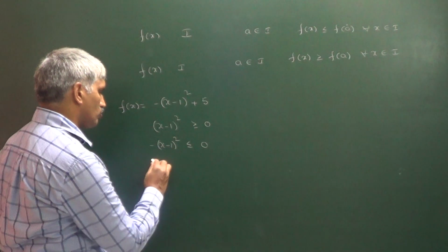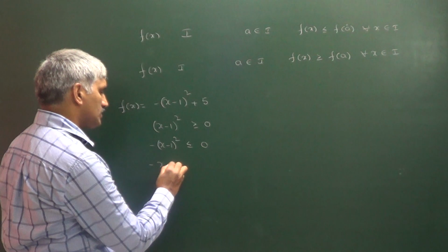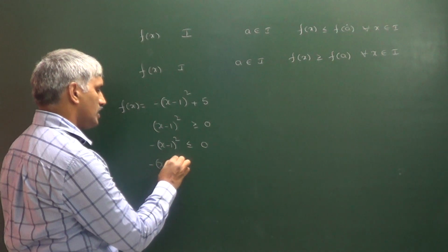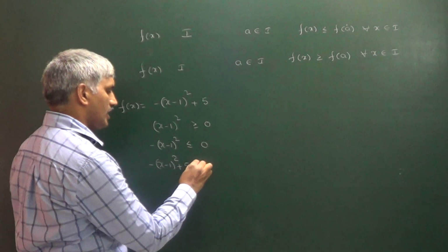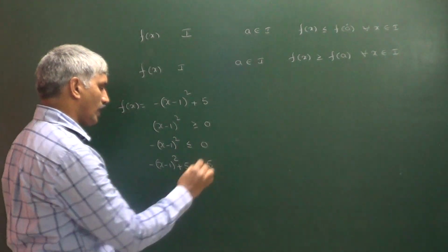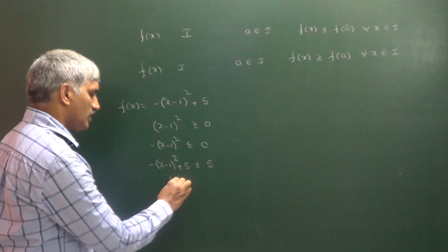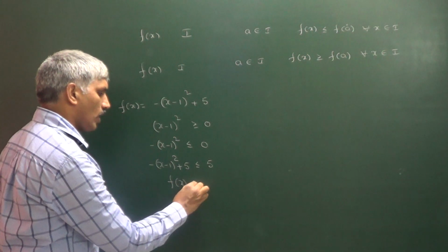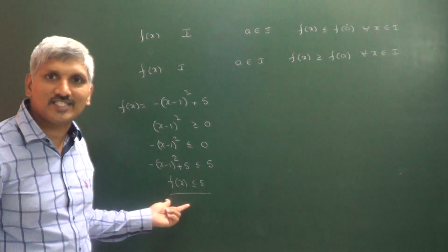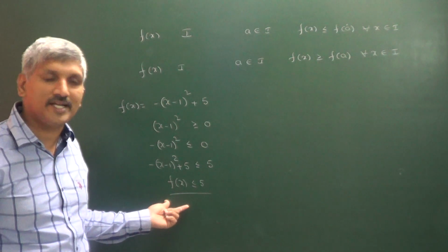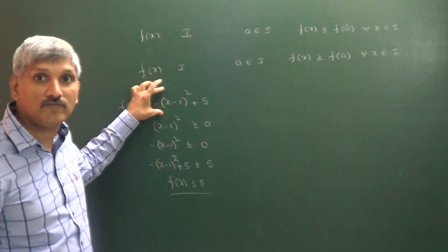Now add 5 throughout the inequality: minus (x minus 1) whole square plus 5 is less than or equal to 5. So the information we got is that f of x is always less than or equal to 5.